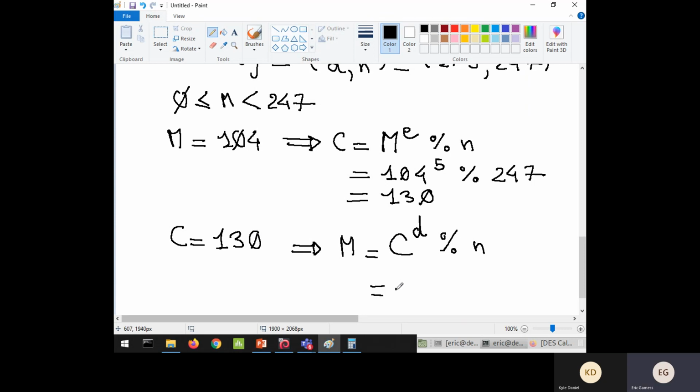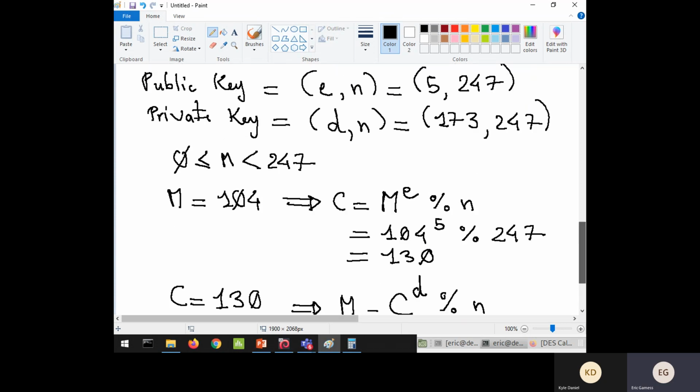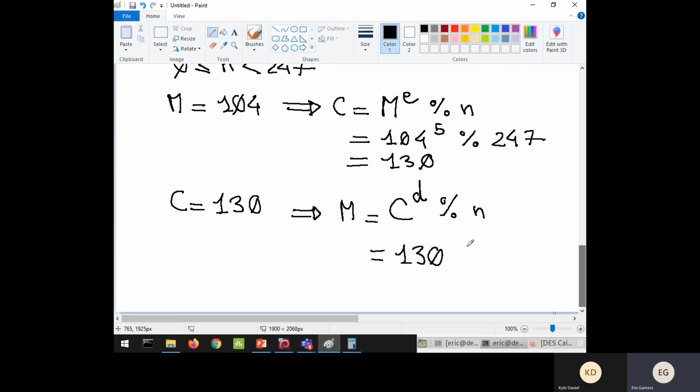So I just replace 130 to the power of D. What is D? D is a big integer. D was 173. You see it here? D is 173. So 130 to the power 173, modulus 247. So this has to be 104.